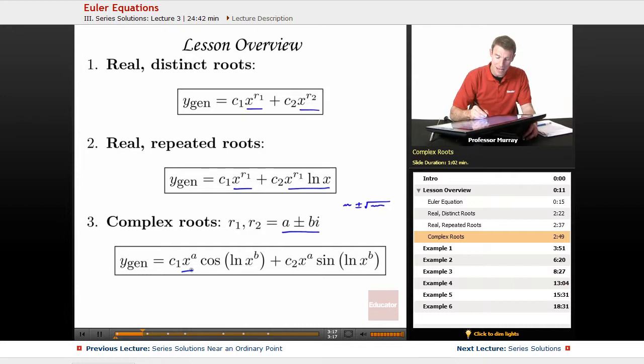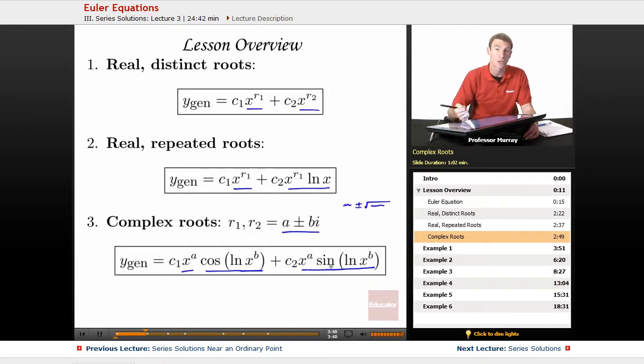It's x to the a times cosine of natural log of x to the b, and x to the a times sine of natural log of x to the b. So those are your two fundamental solutions, and you just multiply each one by an arbitrary constant, and you get the general solution. So that's pretty much all you need to know for Euler equations.